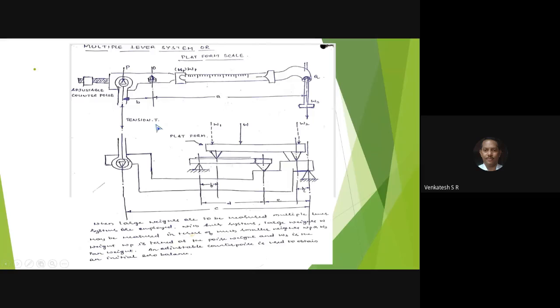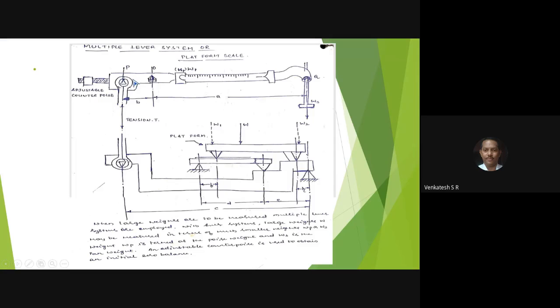That is the tension T. Then you may have a doubt in your mind that if you keep the weight on the platform left side or right side or center or anywhere in the platform, you get accurate measurement. That is the advantage of using the multiple lever system or platform scale.